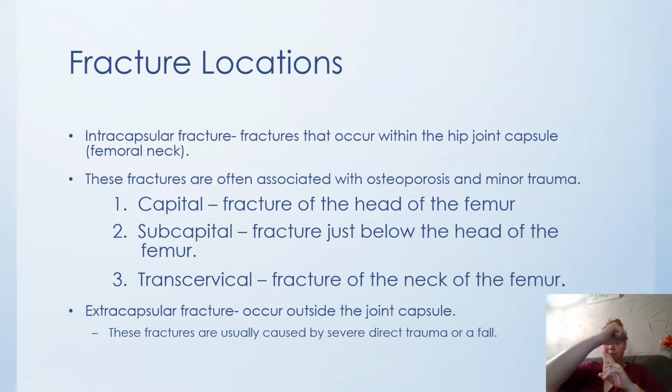If it's a subcapital, it's just below the head of the femur. And if it's a transcervical fracture, it's on the neck of the femur. And then there's extracapsular fractures, which occur outside this capsule. These fractures are usually caused by severe direct trauma or a fall.